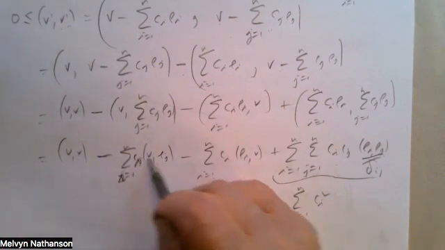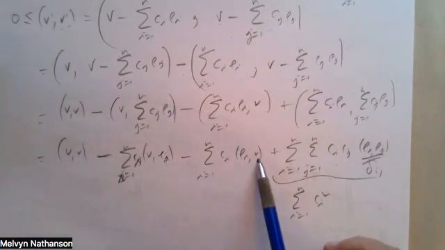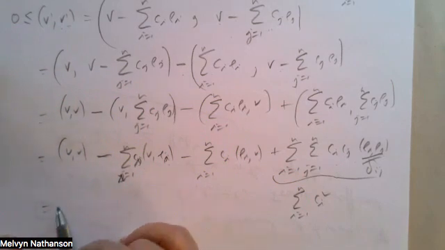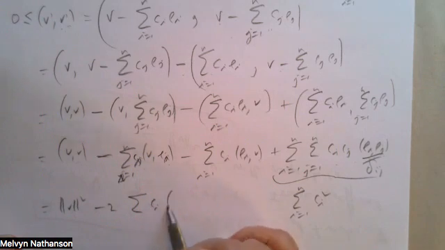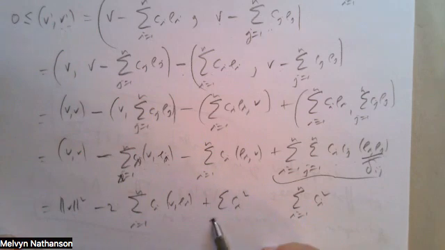And the inner product of, let me just make this an i to make it easier, the inner product of v with Ei is the same as the inner product of Ei with v. So these two terms are the same. So what I get here is v comma v, that's the length of v squared, minus 2 times the sum of c sub i times the inner product of v with Ei, i goes from 1 up to n, plus the summation of c sub i squared, i goes from 1 up to n.